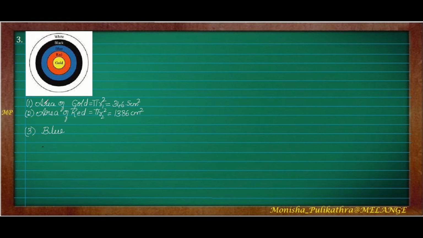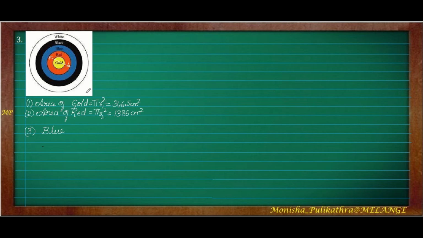So up to here we have found the area of gold, that is pi r1 square, that is 346.5 centimeter square. Next is area of red, that is pi r2 square. You have to notice that the area of entire red, that is from here to here, is equal to pi r2 square, 1386.